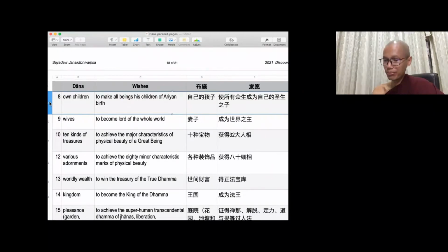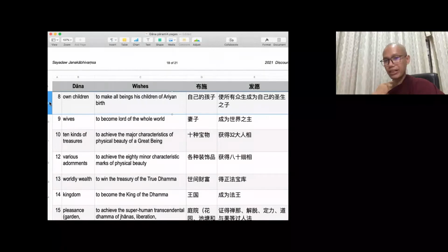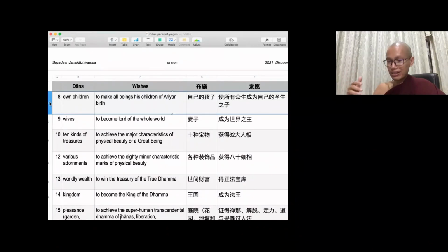Anyway, donating children, donating sons and daughters. Why does the Buddha donate? To have sons and daughters of the Buddha, as a noble clan. When he becomes Buddha, he will have sons and daughters, meaning noble persons.